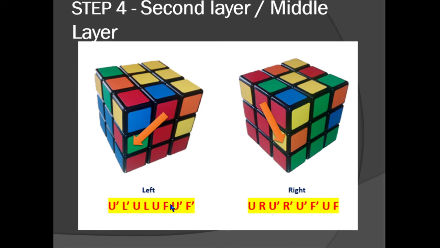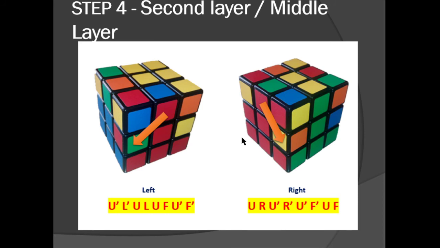Remember, U stands for up, L stands for left, F stands for front. And if you see a prime or apostrophe, that means you need to rotate counterclockwise.